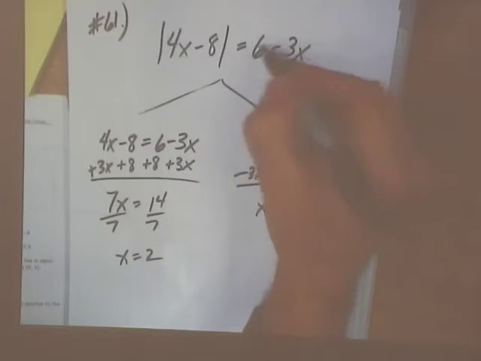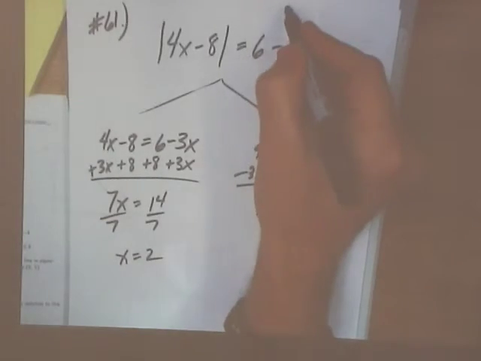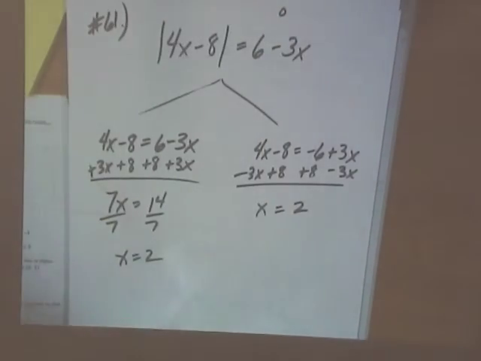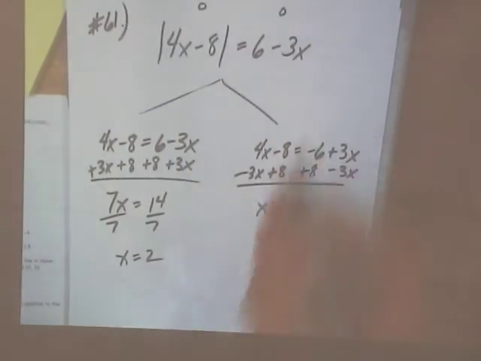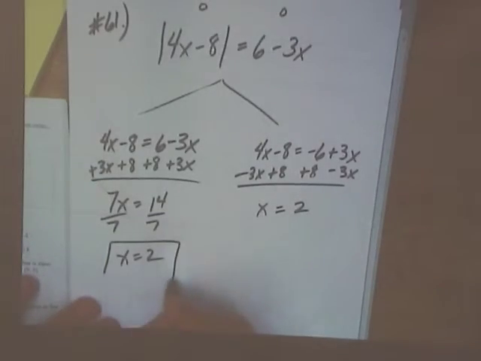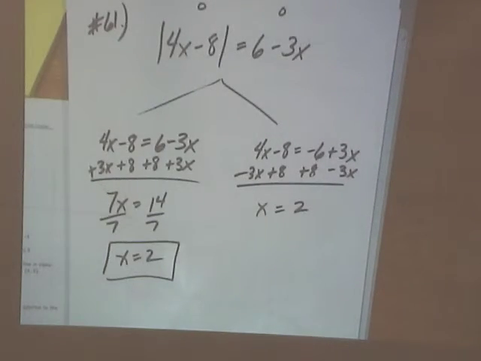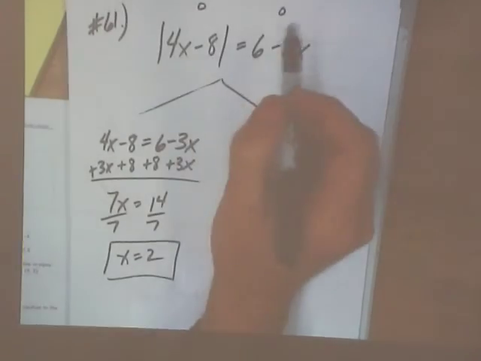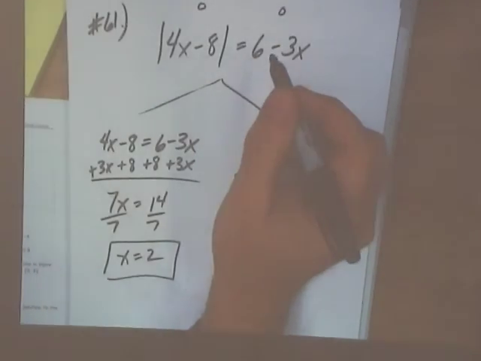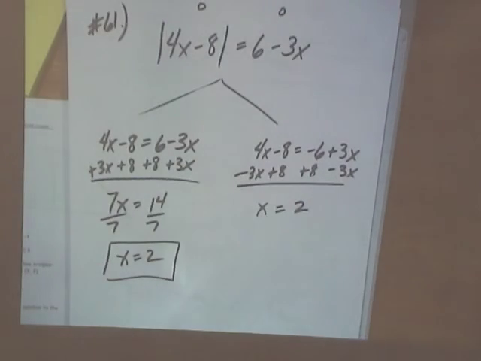Over here we'll get 6 minus 6, so we'll get 0. If we plug in 2, here we'll get 0. So it's going to work. So x equals 2 is your answer. Once again, if there's a variable on the right-hand side when you're doing absolute value equations, it's a good idea to check your answers. Any questions on 61?